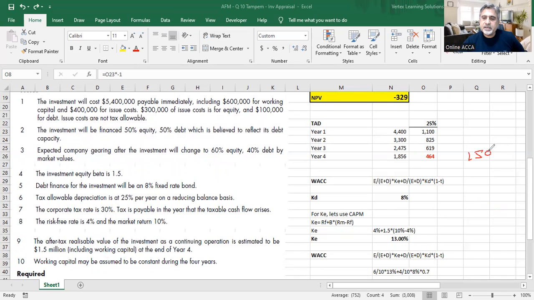So 1,500 minus the 600 working capital, I'm actually selling the asset for 900. The book value is 464. So there is actually a gain on disposal.